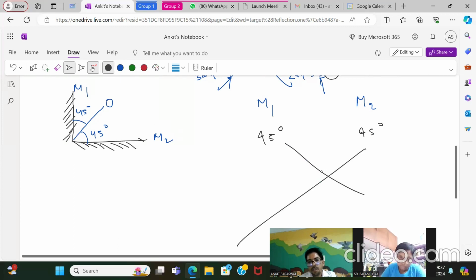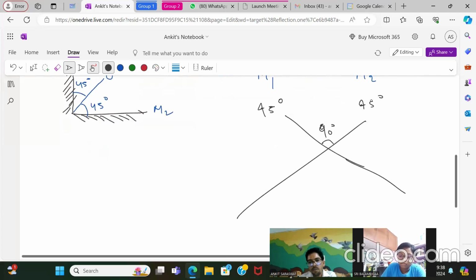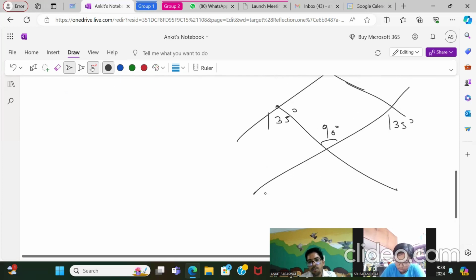What is the angle between the mirrors? 90 degrees. Now add these two, 90 plus 45, which is 135 degrees. So one image on M1 will be 135 degree. Again do criss-cross. The angle is 90. 135 plus 90, how much?